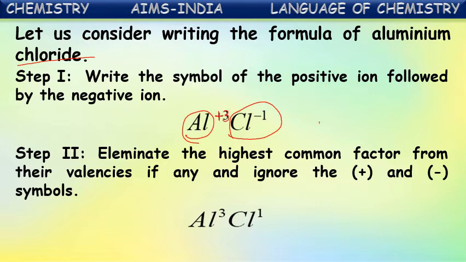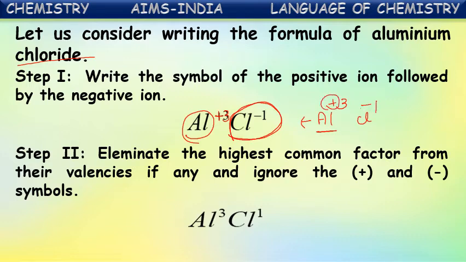So aluminium will have a charge Al plus 3. According to the rule, the positive ion should be written first. And chloride is a monovalent negative ion. That's why we wrote Cl minus 1.